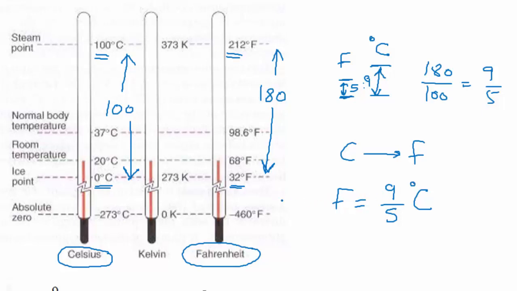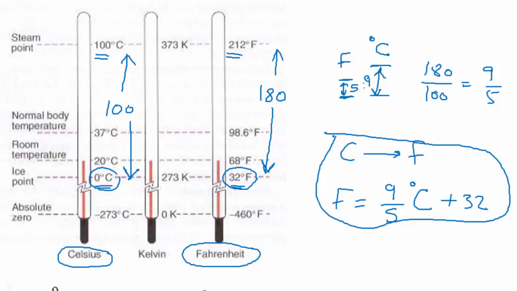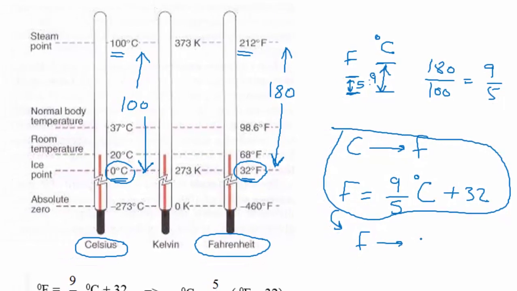And then the other factor is the starting point. We can see here that the freezing point of water is 0 degrees Celsius compared to 32 Fahrenheit. So we have to add this 32 factor here in order to convert any temperature from the Celsius scale to the Fahrenheit scale. And we can use this equation to derive an equation to convert Fahrenheit to Celsius.